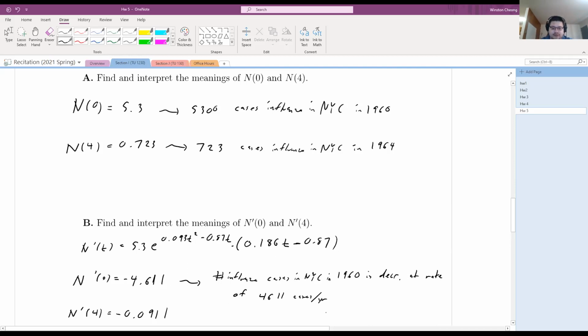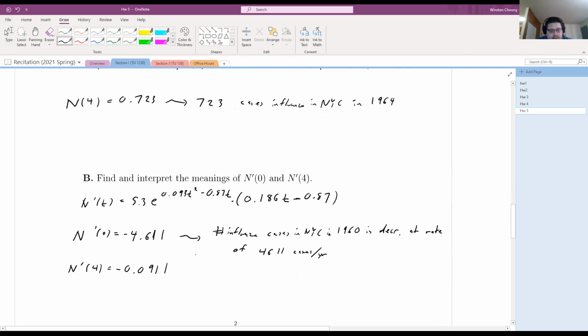Similarly, you can translate the other statement: in 1964 it is decreasing at a rate of 91 cases per year. Any questions on that?